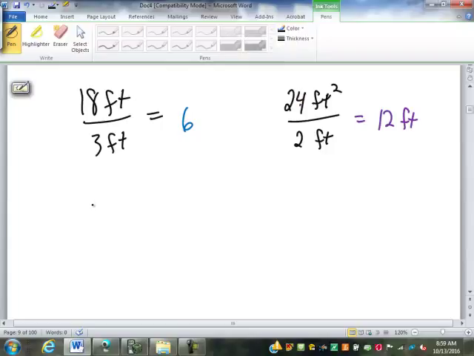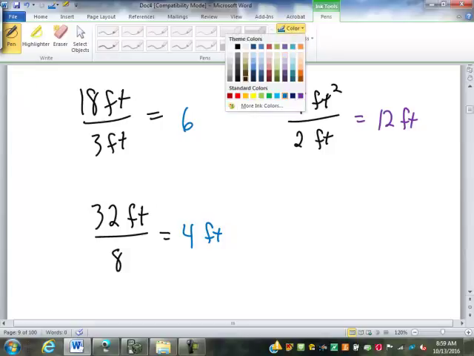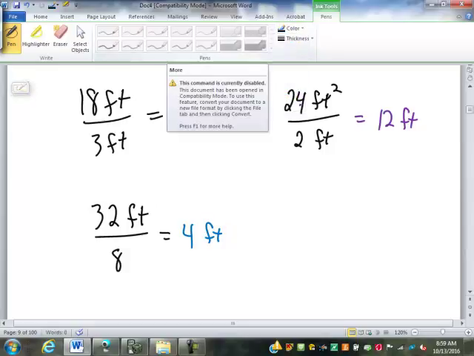Or if I have 32 feet divided by a scalar of 8, then I'm going to divide the numbers. 32 divided by 8 is 4. There's nothing to divide the feet, so the feet are still there. So if it's just a single unit, it's not so bad.